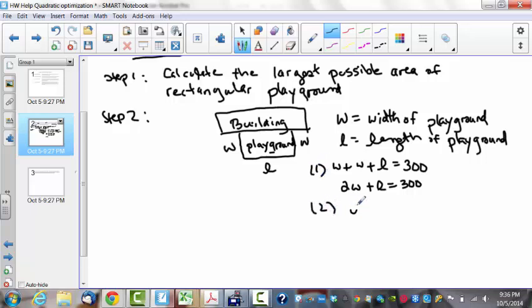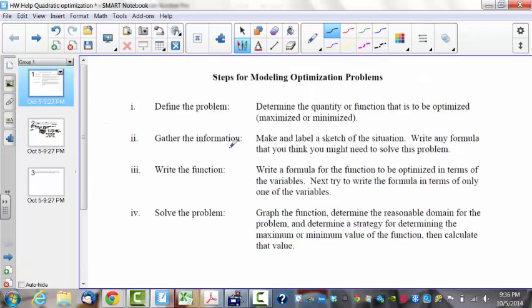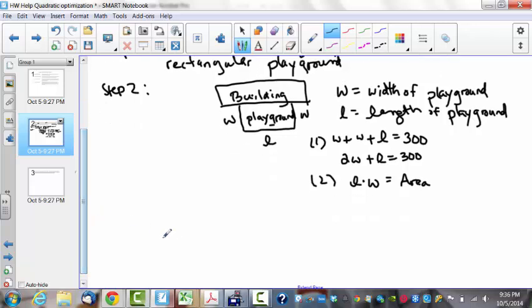We also know the other equation, that length times width is equal to the area. And we don't know what that area is. Let's take a look at step 3. We want to write a formula for the function to be optimized in terms of the variables. Next, try to write the formula in terms of only one of the variables.